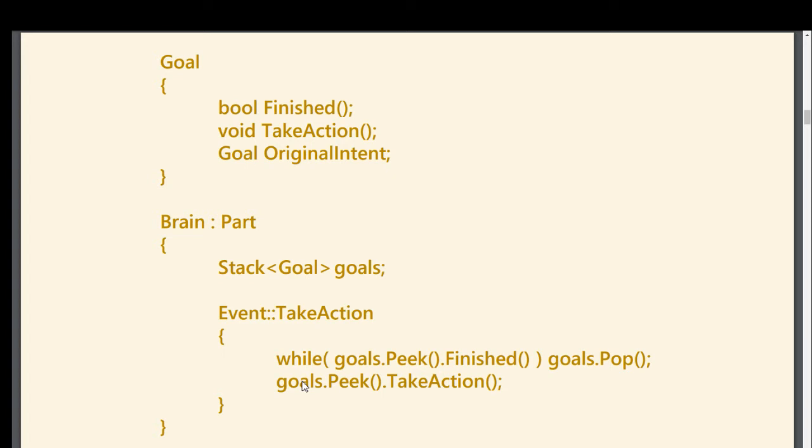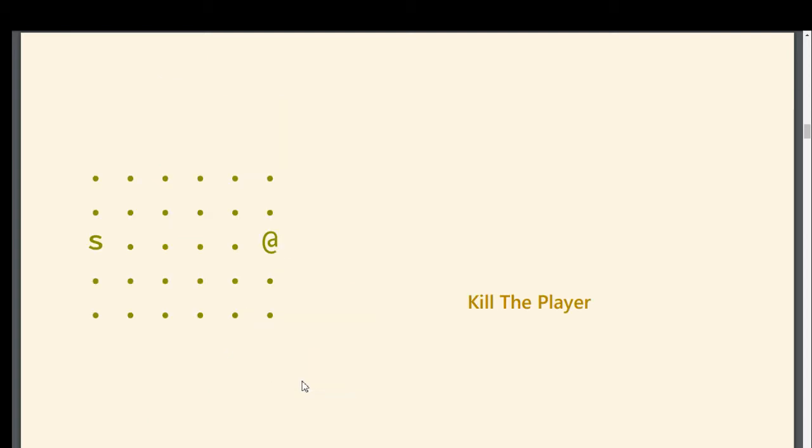This is useful because, as I'll show you, the goals tend to fracture into smaller goals that may fail. And so when I try to move towards the player and that fails, it says, well, let's just go back to my original intent, and it will plan another set of goals to murder someone. So let's look at a simple example.